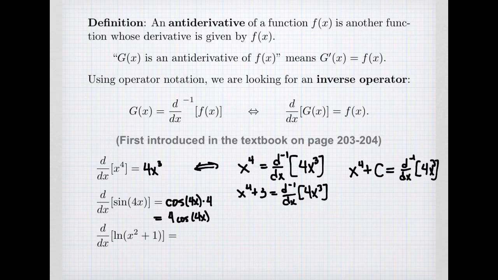And my equivalent antiderivative statement is that, well, there's a whole family, remember. The sine of 4x plus some constant, because there's a whole family, that's the family of all possible antiderivatives of 4 cosine of 4x.